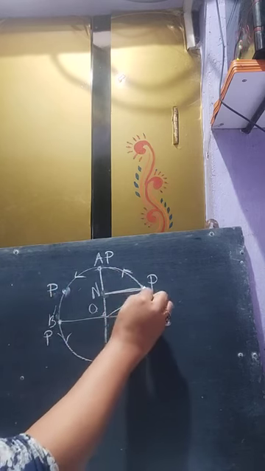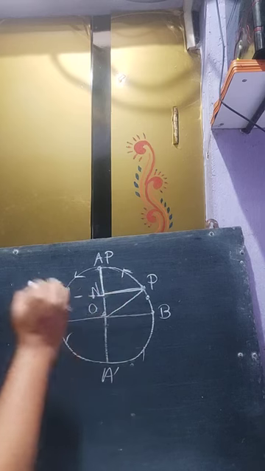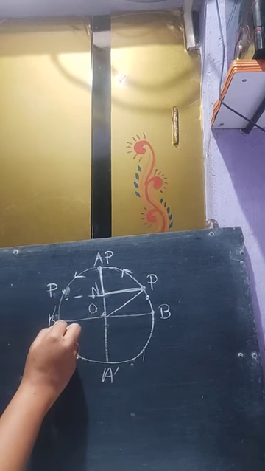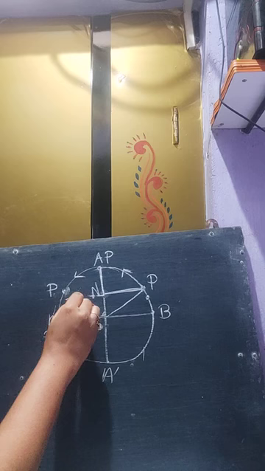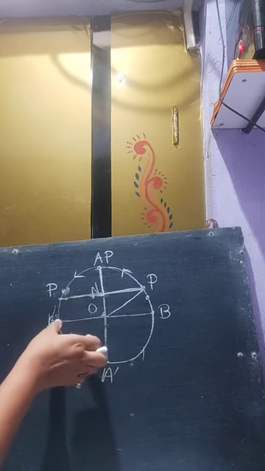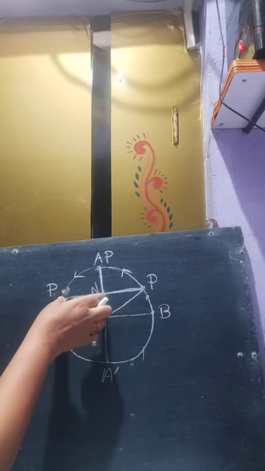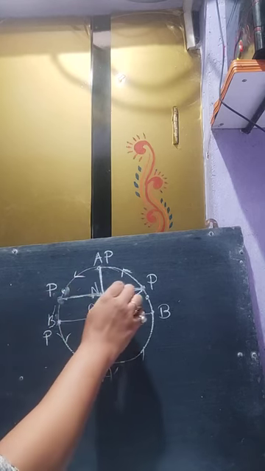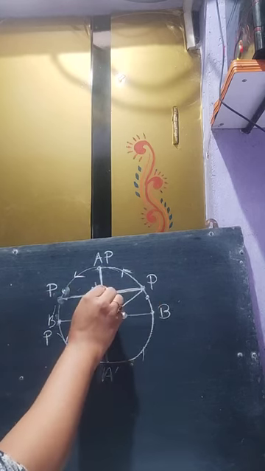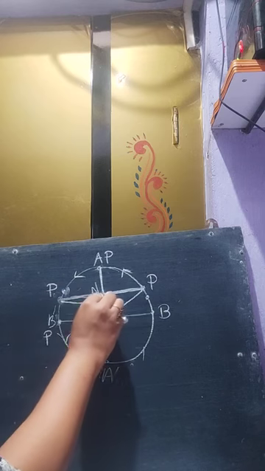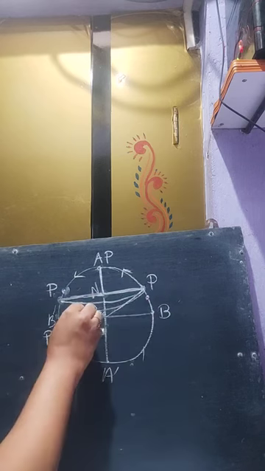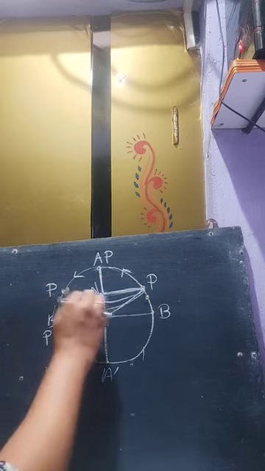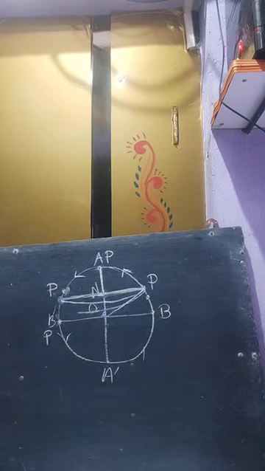So first this position, then this position. Now P comes here, and the projection moves this way. First the projection is here, then here, then again here and here. So this is nothing but one to and fro motion.